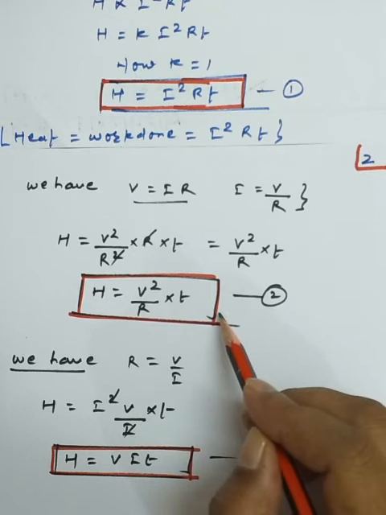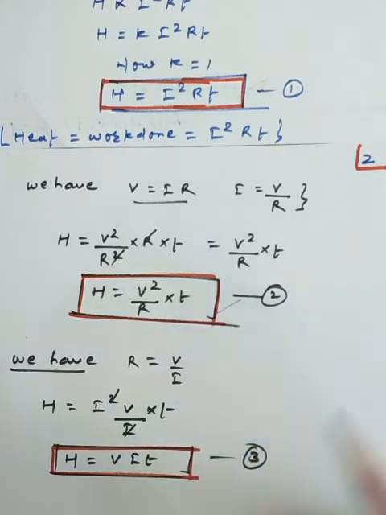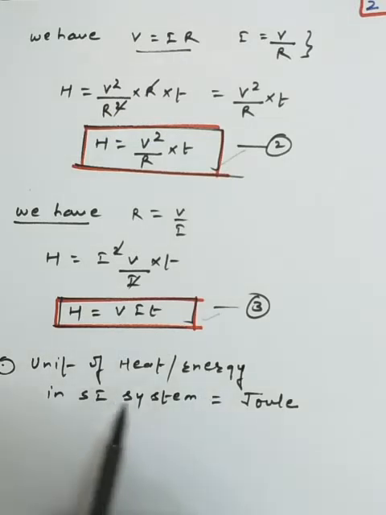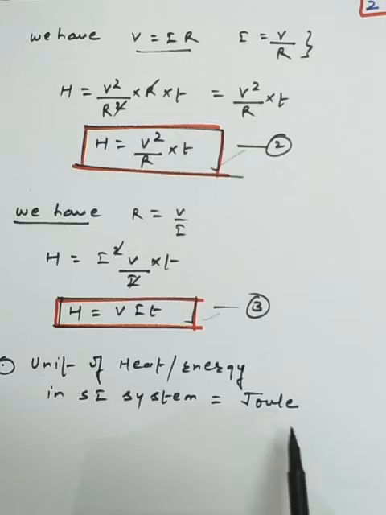Second, H is equal to V square upon R into T, and the third formula is H is equal to VIT. Now definitely the heat has an SI unit, so in which unit do we measure it? The unit of heat or energy in the SI system is the joule. So this is the basic concept we have.